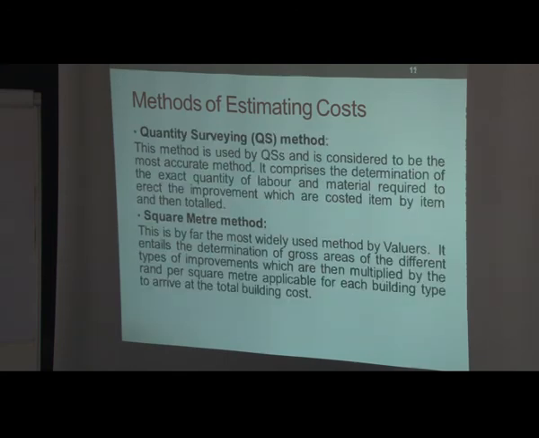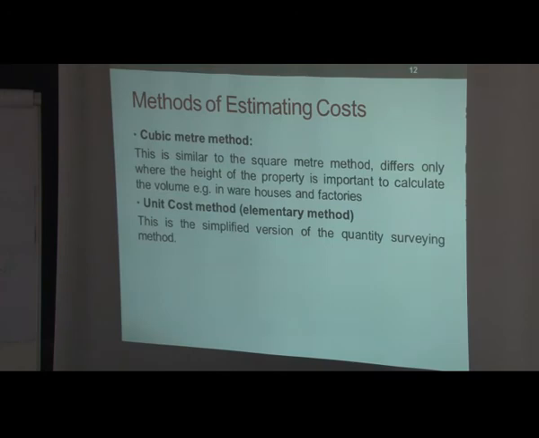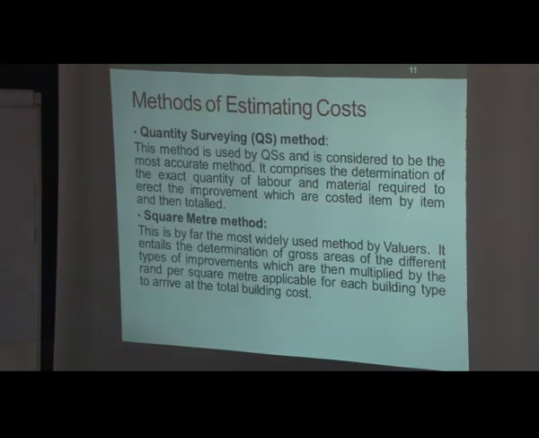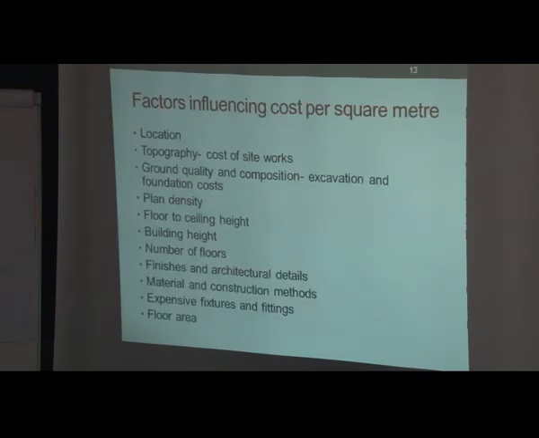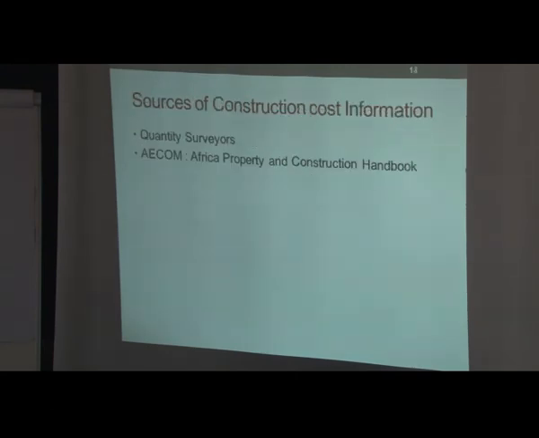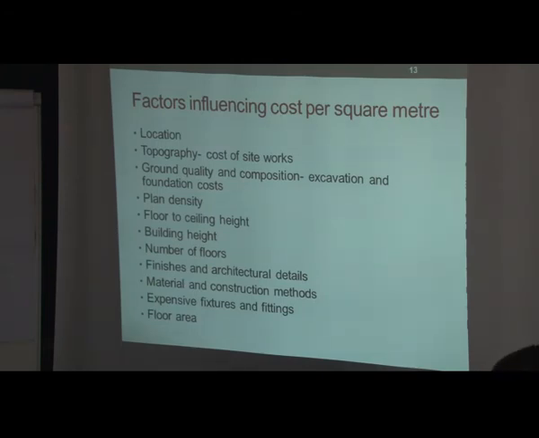So please know these are the 4 common or standard methods of estimating building costs: quantity surveying, square meter method, cubic meter method, and the unit cost method, otherwise called the elemental method. Let's also know the factors which influence cost per square meter of construction.